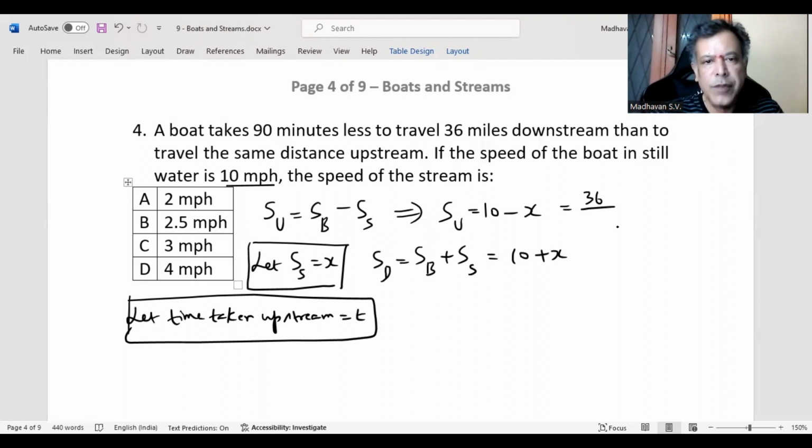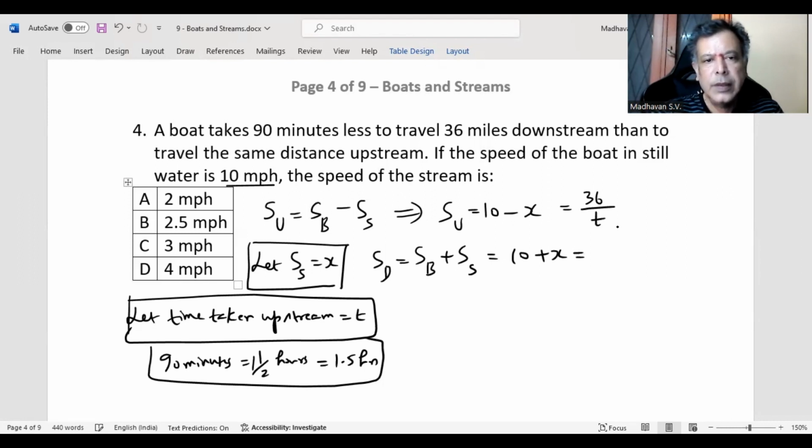That means downstream will be 90 minutes less, which means 90 minutes is nothing but 1.5 hours. So here we have 36 divided by t. This will be 90 minutes less, so 36 divided by t minus 1.5.